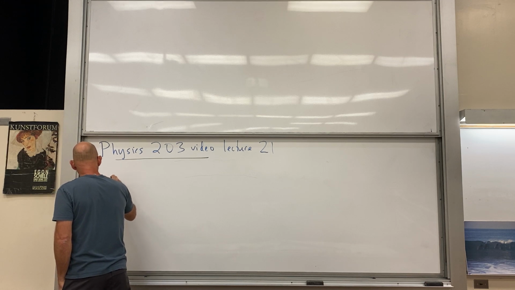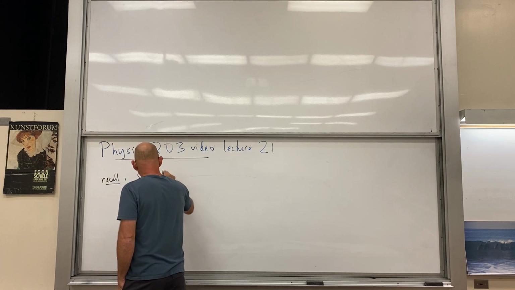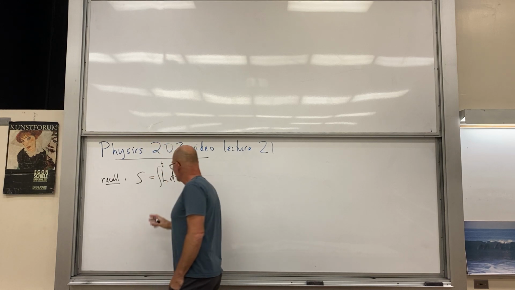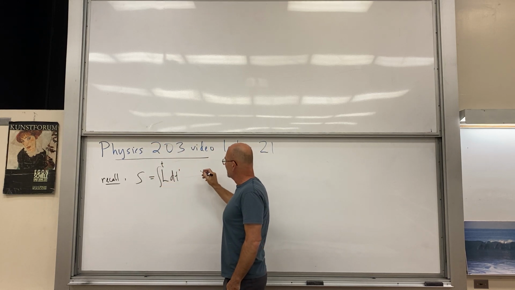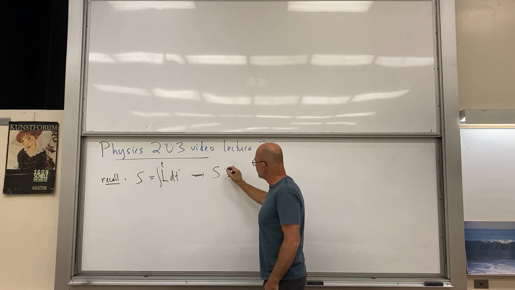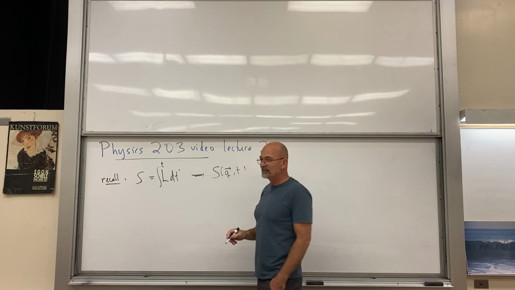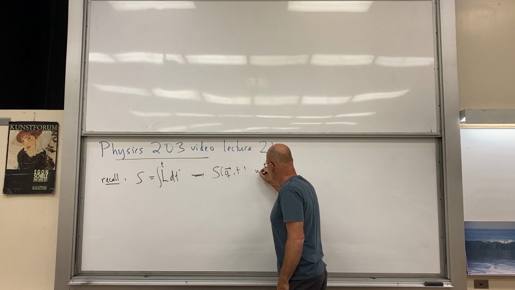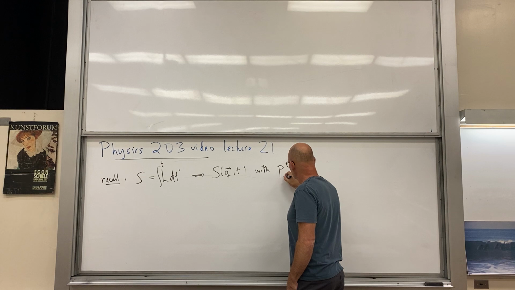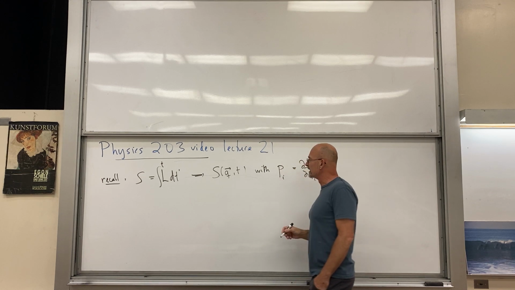So let's go ahead and really briefly do this here: integral L dt, and we left this as a function of the upper coordinate, and that gave us an expression for the action as a function of the coordinates and the time, with p sub i equals dS/dq sub i.